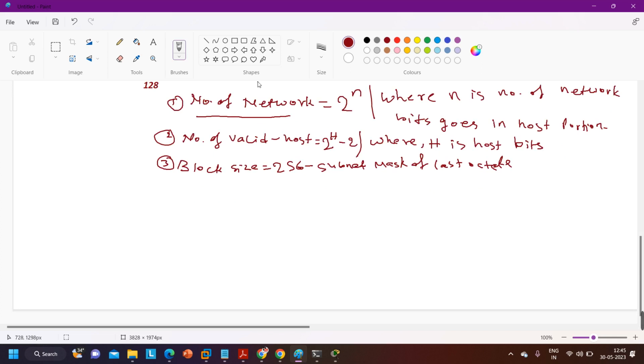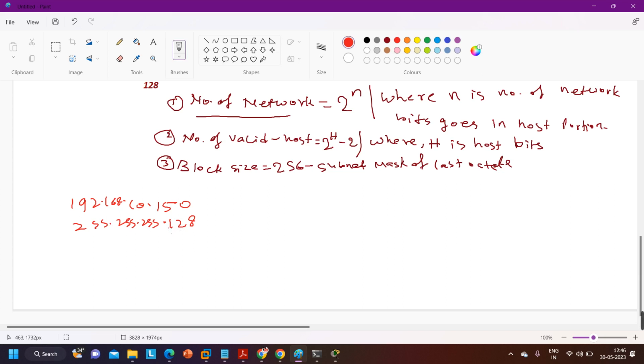Now I am writing one IP address over here, 192.168.10.150, let's say, and the subnet mask is 255.255.255.128. Can you tell me how many bits I have borrowed here?